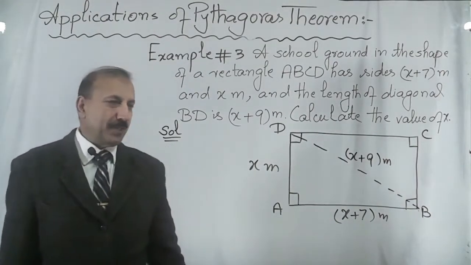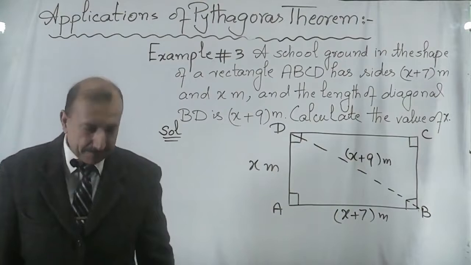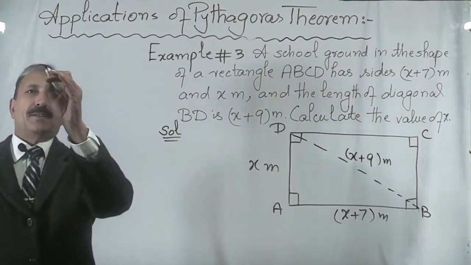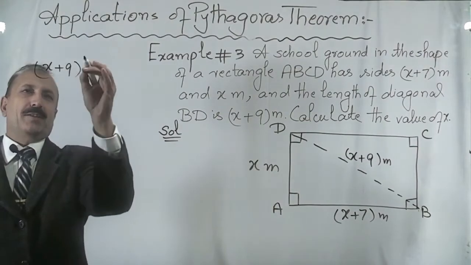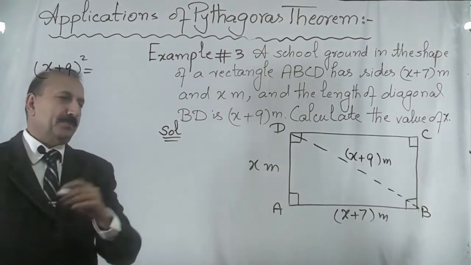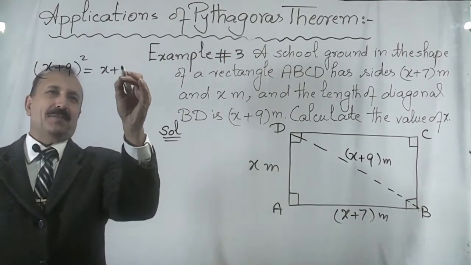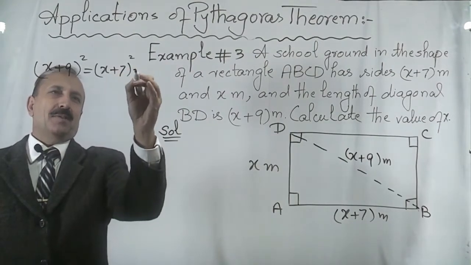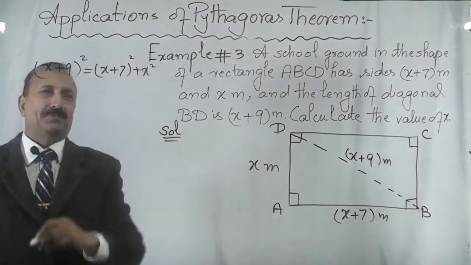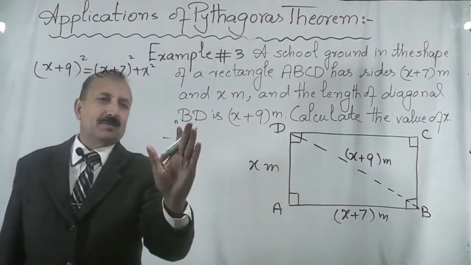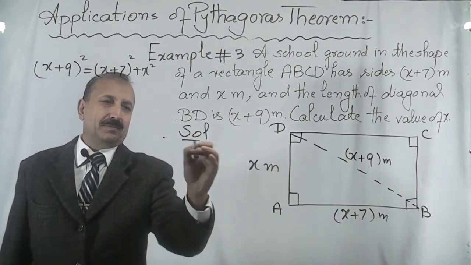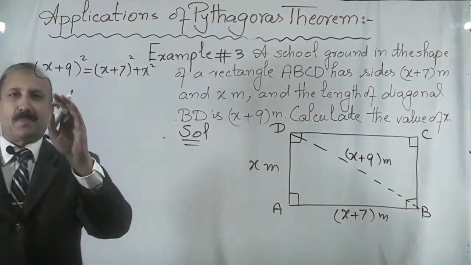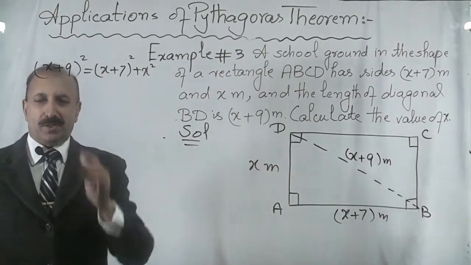So let's start working on it. This is x plus 9 whole square is equal to x plus 7 square plus x square. And let's expand this x plus 9 whole square.